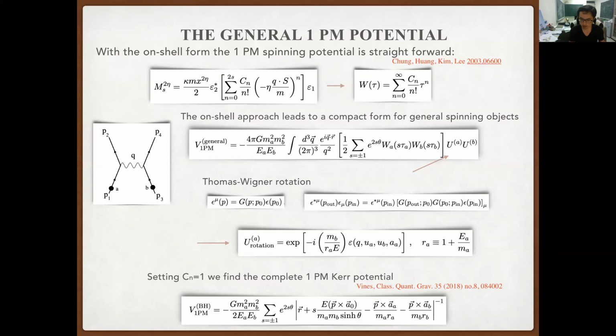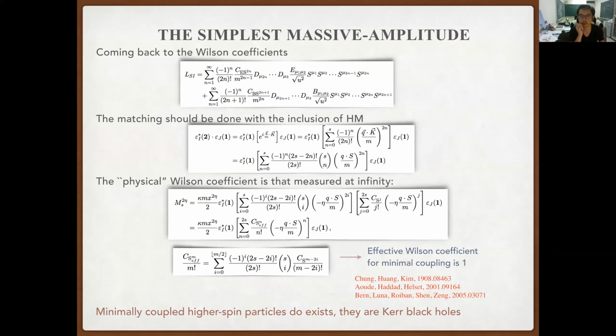Since the Thomas-Wigner rotation is important, we can go back to the matching of the Wilson coefficients. Previously we were just directly matching back to the worldline action. But now we know that we need to take into account that when we sandwich between two polarization tensors, we have this extra rotation effect. So instead of just matching back to C, we define what is called C effective.